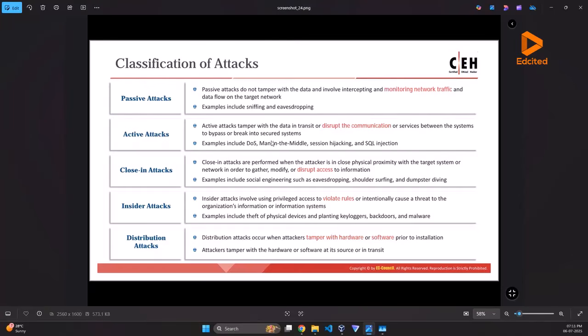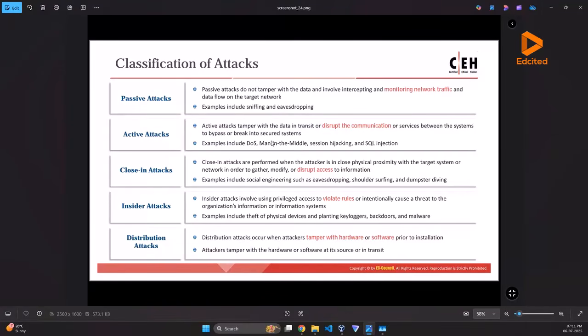That means I would disrupt the communication. I would let them know that I am doing this and I will do that. That is an active attack. A passive attack means you don't really let the enemy know that an attack is happening, but the attack happens, right? And then there is something called a close-in attack.